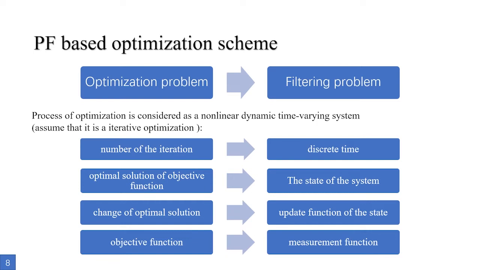The optimal solution of the objective function is regarded as the state of the system. Then, the change of the optimal solution during the iteration is regarded as the update function of the state. The objective function of the optimization problem is regarded as the measurement function of the state.